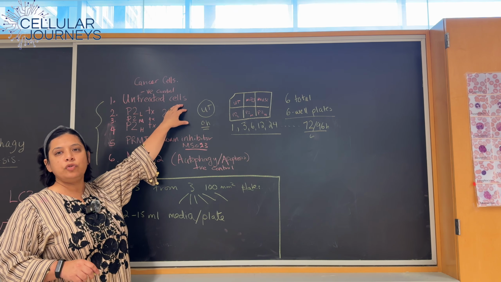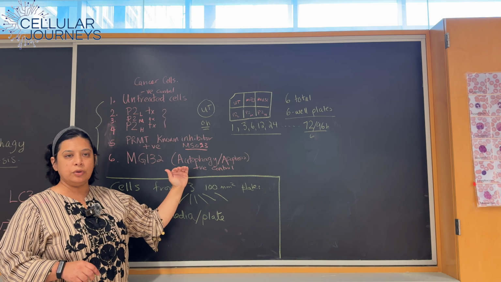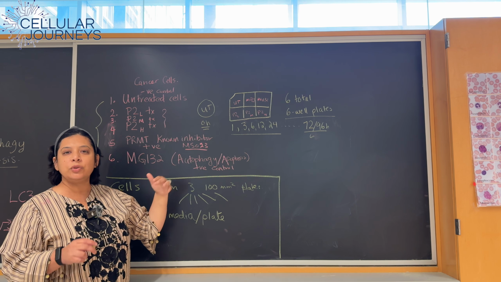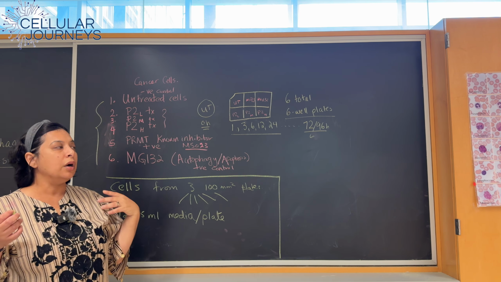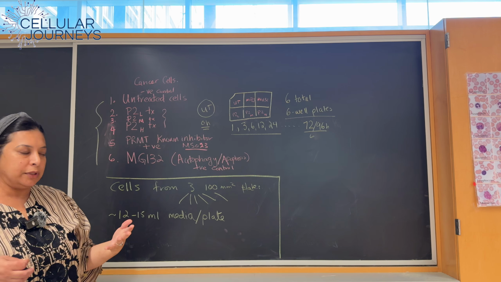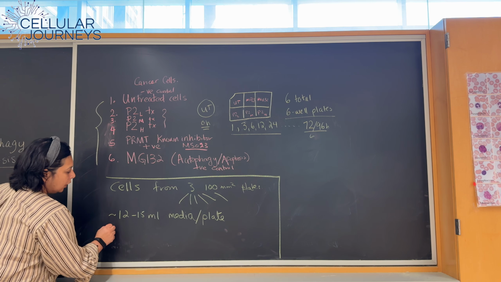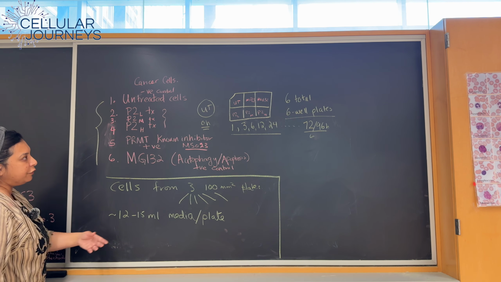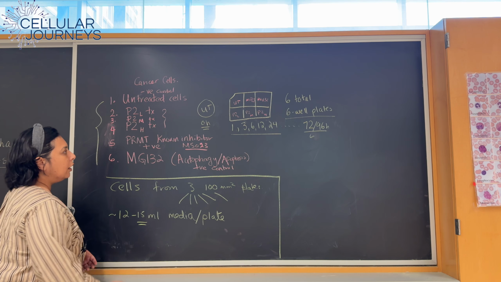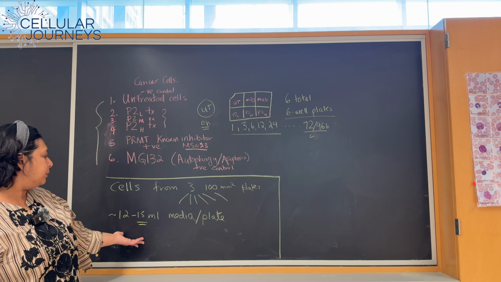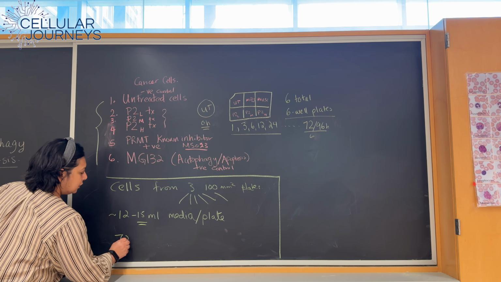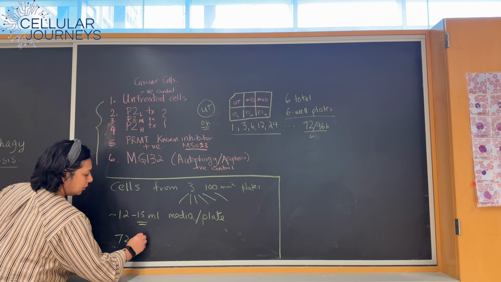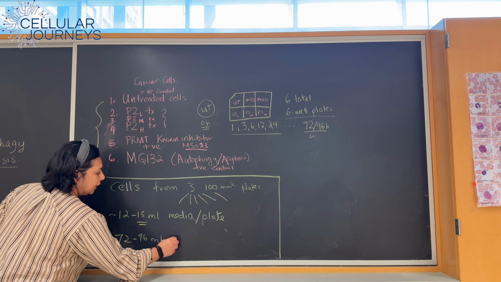However, when you add the drugs, you want to reduce the serum to about 2.5% to enhance the effect of your drug and to be able to see it better. So if you are using 15 ml, let's go with the higher number, it's going to be approximately 72 to 96 ml media total.